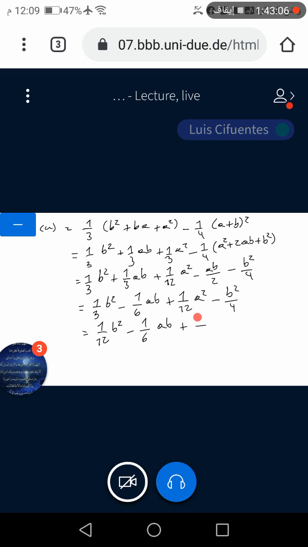AB and 12 A squared. A. This point. Yeah, there we are. This part is just okay. Square minus, yeah, AB. The variance of U.